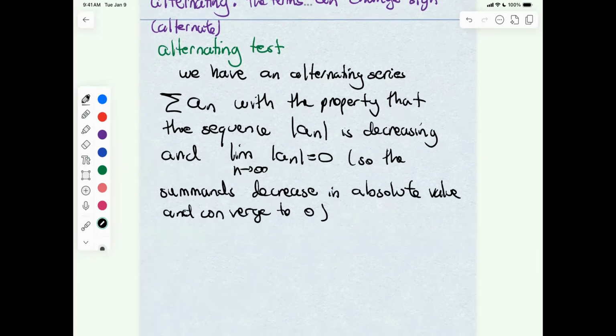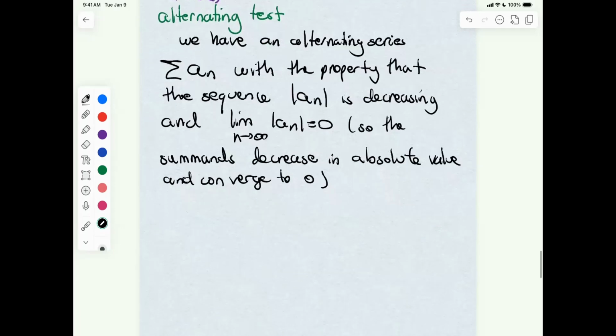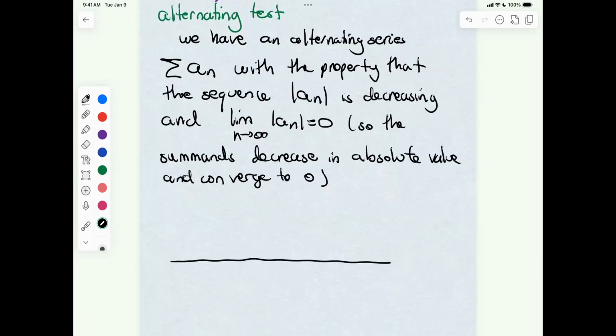Let me do a picture here of how you should think about it. Maybe this is the first term, then this is the second term, then this is the third term. I'm trying to make each one smaller than the last, so it's clear they become smaller successively. I think it's plausible that they are shrinking.